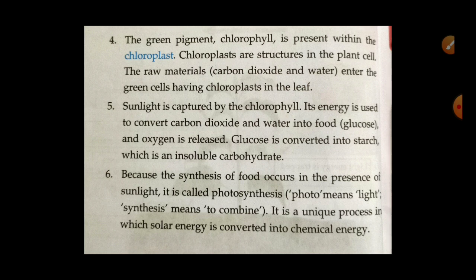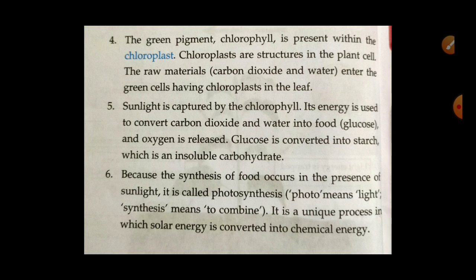Why do we say chemical energy? Because the raw materials, carbon dioxide, water, minerals, sunlight and chlorophyll, are converted into glucose and oxygen. That's why we get new products, which is known as chemical energy.